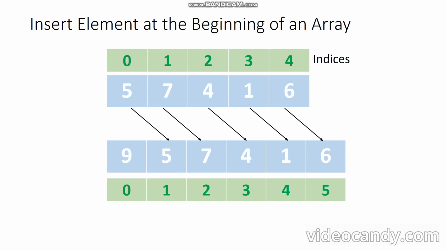Beginning means definitely the zeroth index of the array. Simply, you have to shift every element towards the next position so that you can empty the zeroth position. This is how you can insert the element at the beginning.